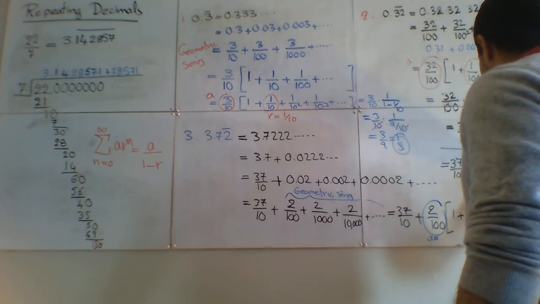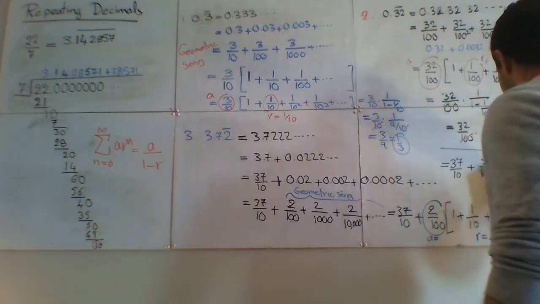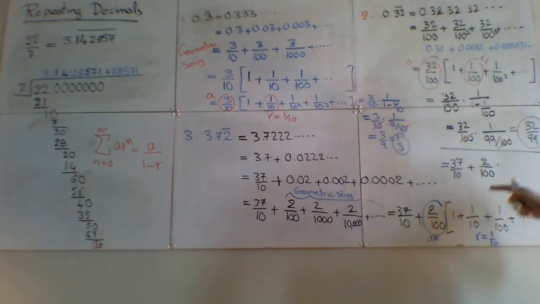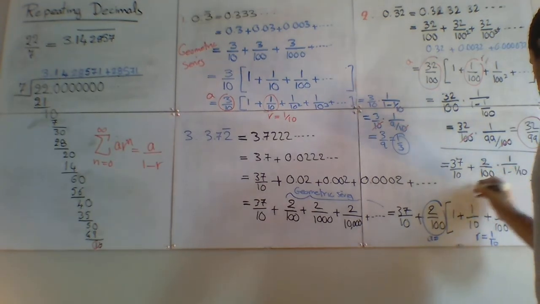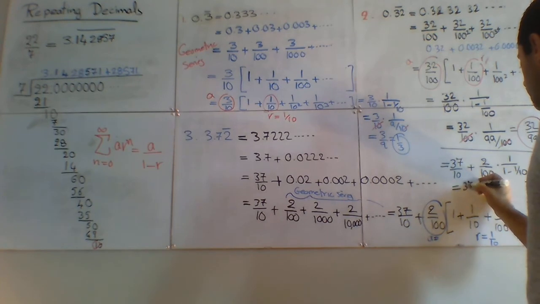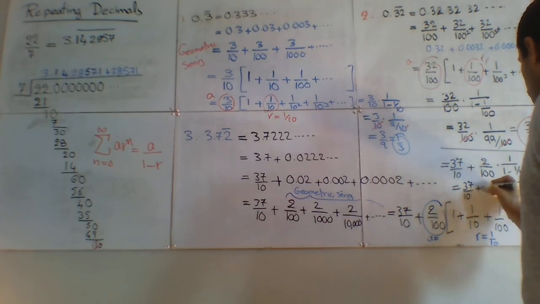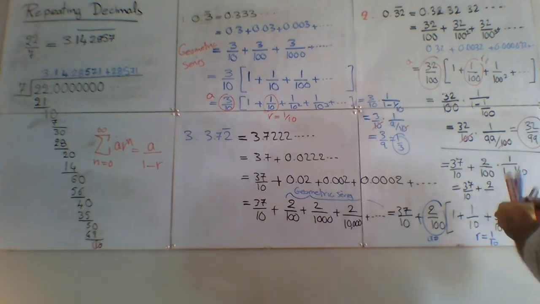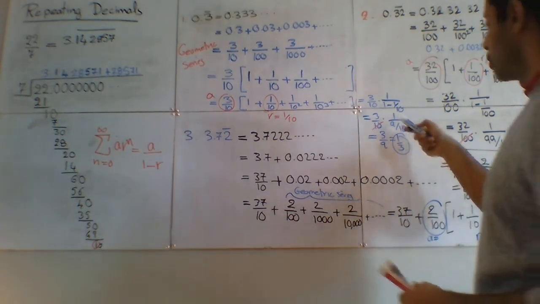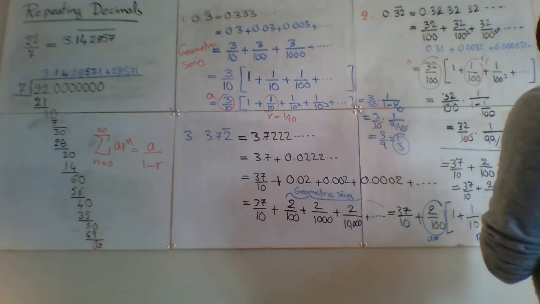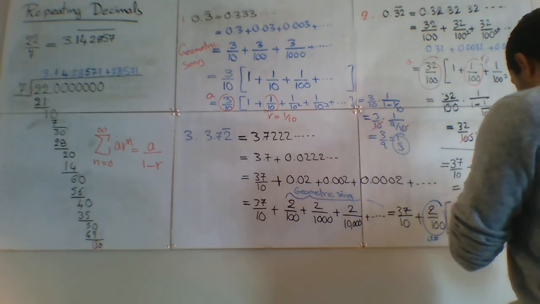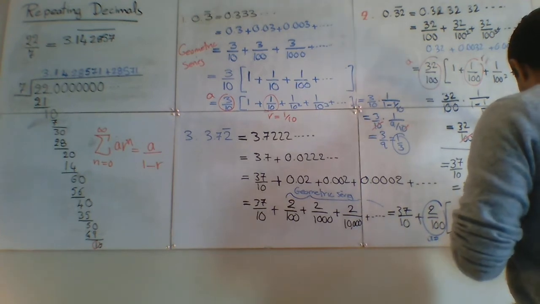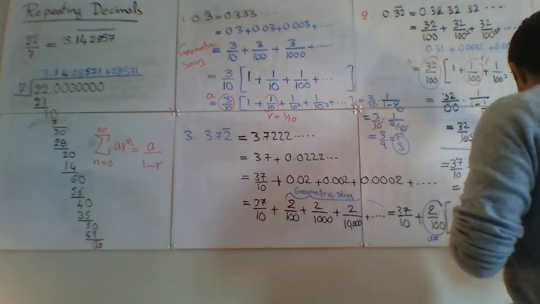Okay, so I continue up here because I don't have space. Continuing this, you get 37 over 10 plus, you need to sum this geometric series, so 2 over 100 times 1 over 1 minus 1 over 10. Again, we just did it here. This is 1 over 9 over 10.